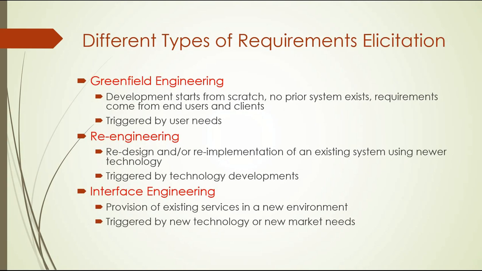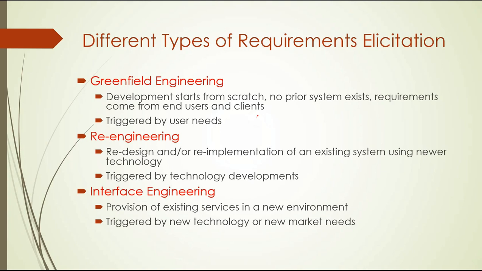When we study the requirement modeling, we have different types of systems. When you're developing the system, maybe it will be green engineering, so you don't have an existing system.